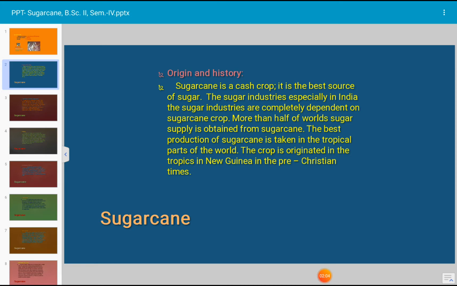The Spanish and Portuguese people took this plant to Madeira in 1420. According to history, the sugarcane crop was cultivated as a cash crop at the end of the 16th century. Today, all the countries of the tropical and subtropical regions of the world cultivate sugarcane as a cash crop.